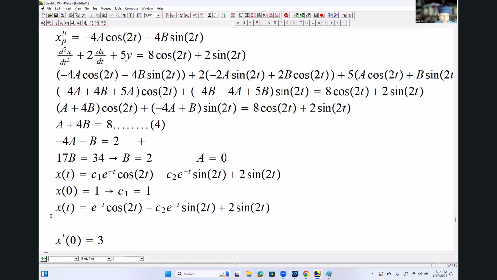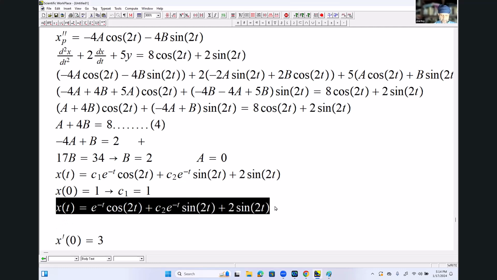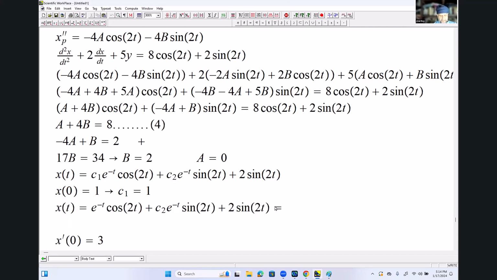C2, right? So let's just quickly differentiate this guy. Before differentiating, maybe it will help. Let's factor this e to the negative t out here, okay? And then what will happen is, inside the bracket, we are going to get cosine, and this is out, right?